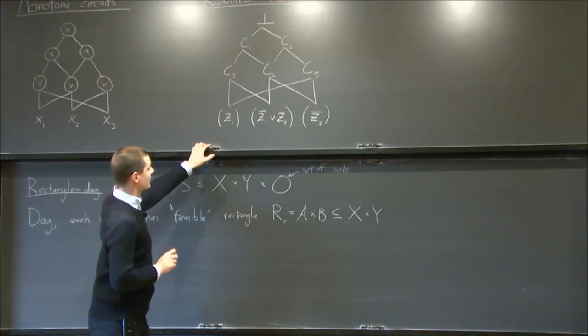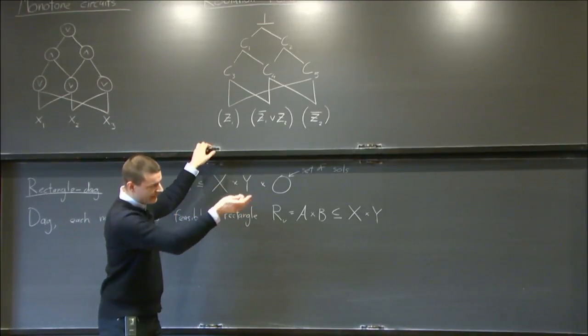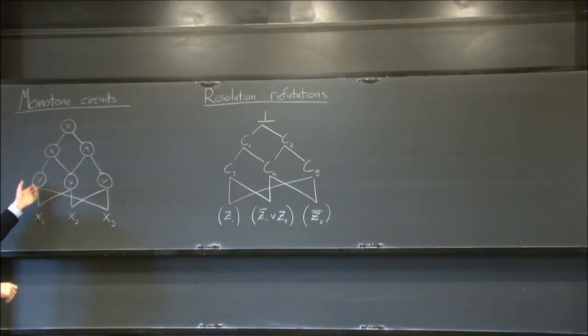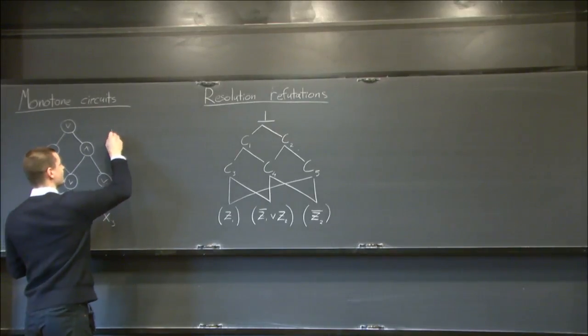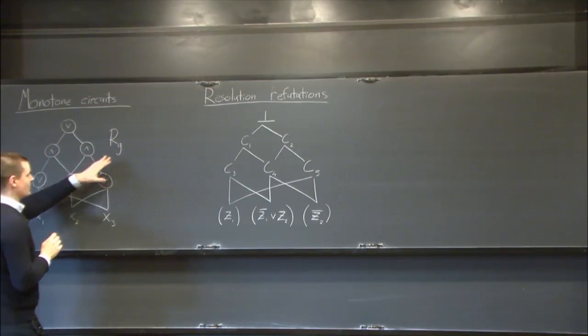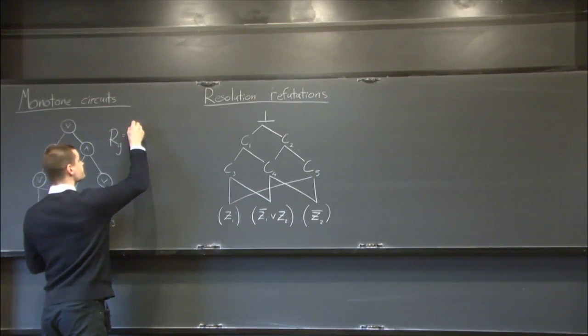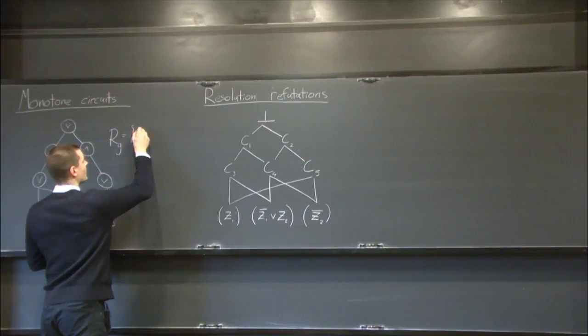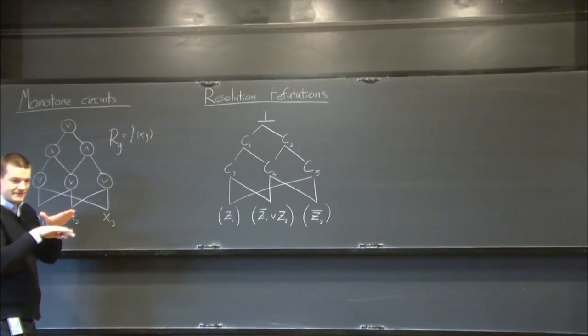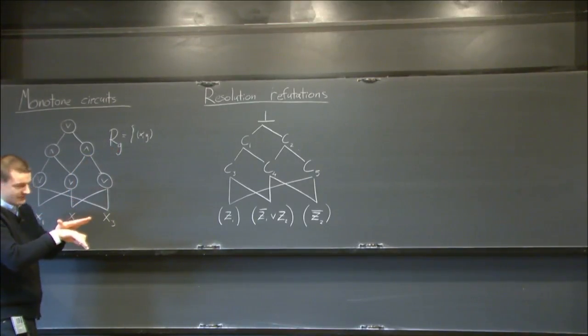So how this maps to the Karchmer-Wigderson game is I can define a monotone feasible rectangle for each of the nodes by the following definition. For a gate G, take a node, the set is just all the inputs where G witnesses some kind of positive difference between the two inputs.